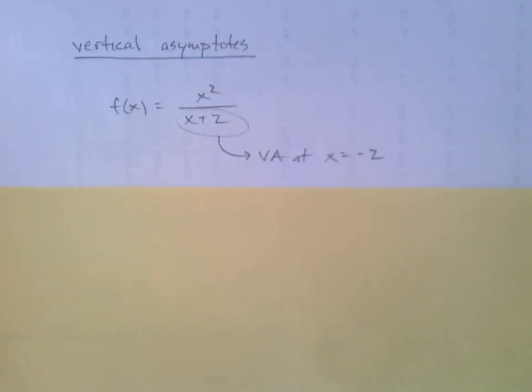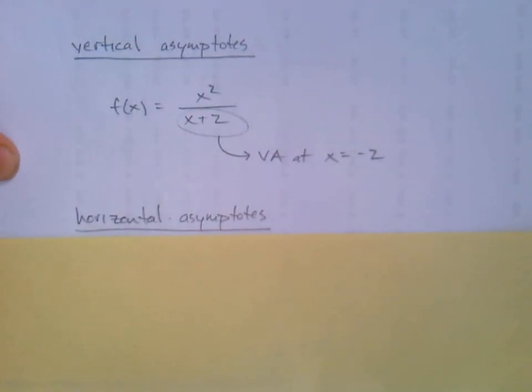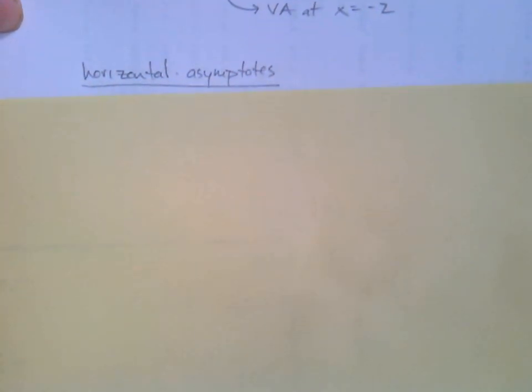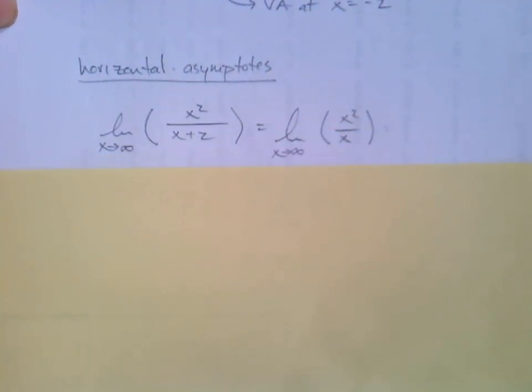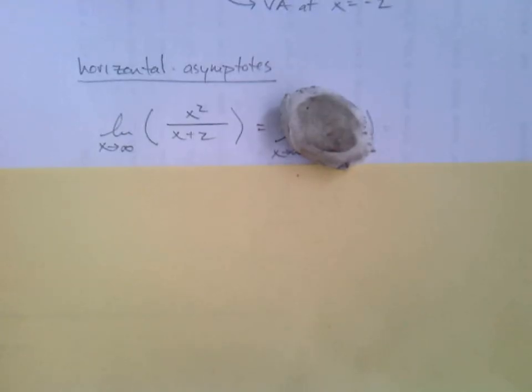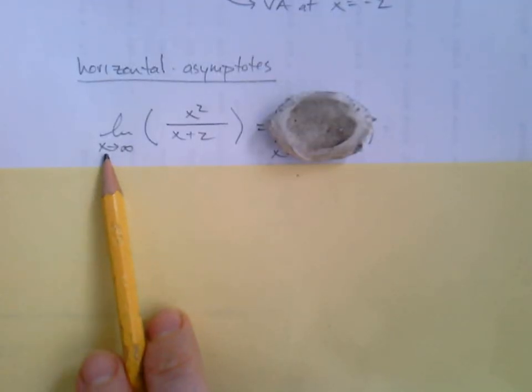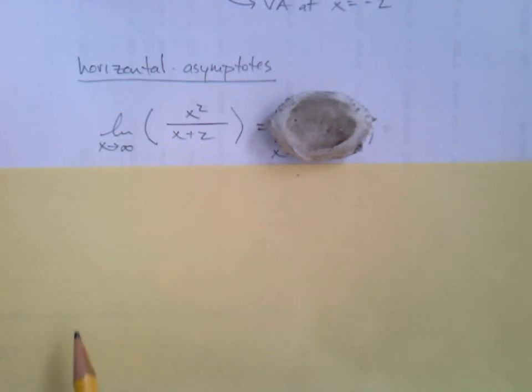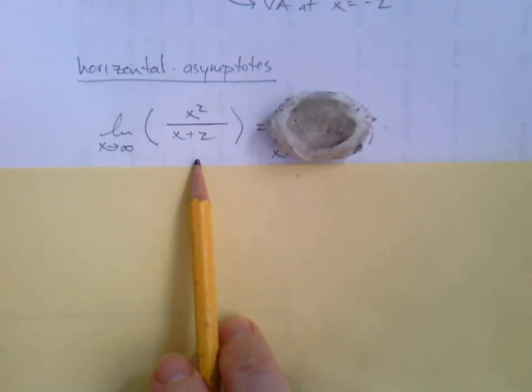Okay, and then when it comes to the horizontal asymptotes, again, something we did back when we were first talking about limits. You can ignore this part right here for the moment. We're going to take the limit as x approaches infinity for our function. Maybe you remember doing that way back in our first chapter on limits.